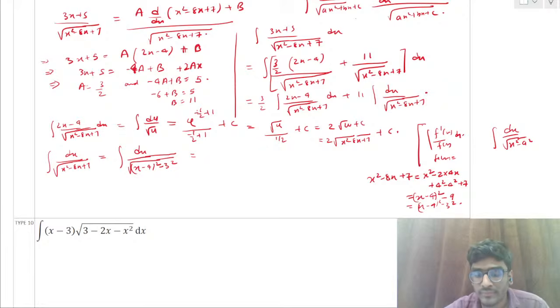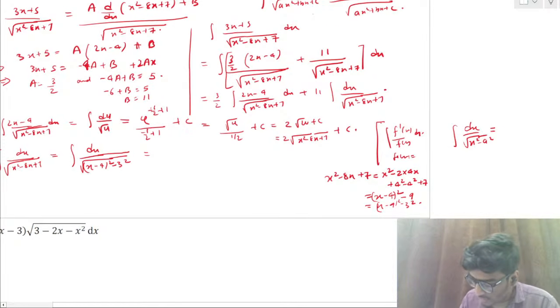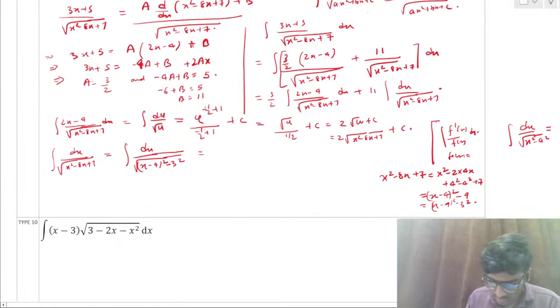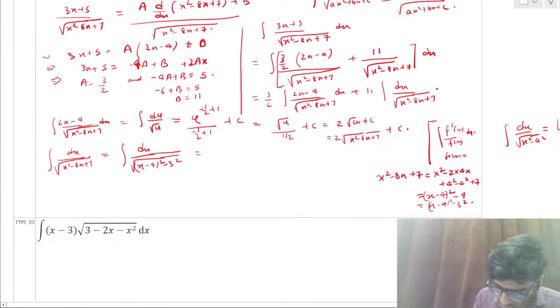Okay, audible now? The integration of this is nothing but log of mod of x plus under root x square minus a square plus c. We all know this integral. So what will be the integral of this?